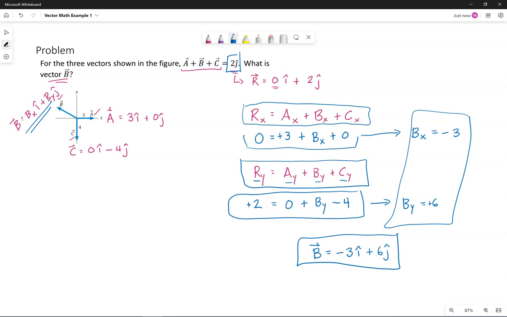Now, the problem doesn't specifically state magnitude and direction, but to describe what we see in this picture as vector B, it would make sense to describe that as a length and an angle. Now, it's not drawn to scale to meet this answer.